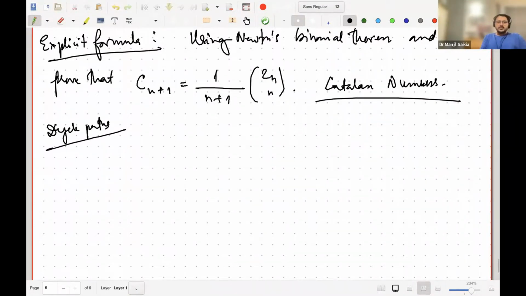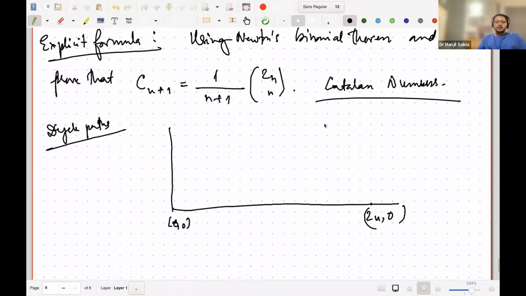So Dyck paths are again paths from 0, 0 to some 2n, 0, but this time the steps are not north and east, but the steps are up and down. Something like this. So up, up, up, down, up, and so on. In this way we make the Dyck path.